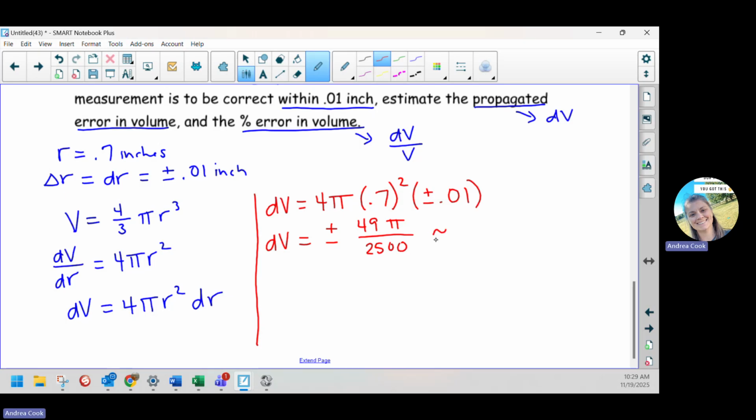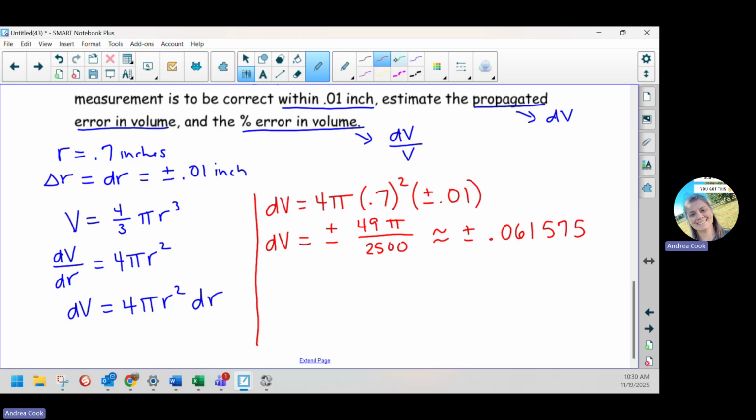And that is approximately equal to 0.061575. So make sure that you do get those numbers, like pause the video and type it into your calculator. All right, so that answered the first question. We found the estimated propagated error in volume.